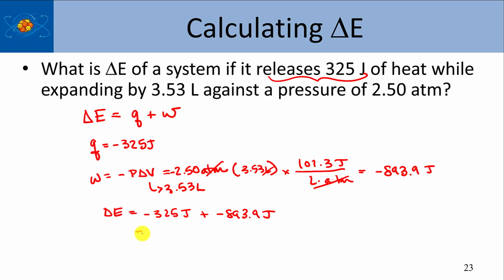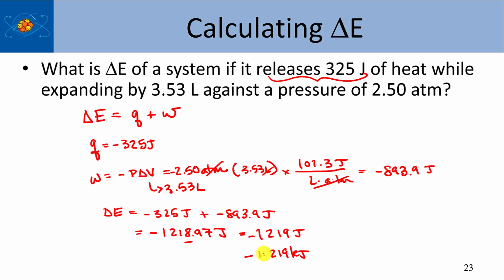That'll come out to be negative 1,218.97 joules, and I believe we have significant figures to the ones place, so that'll end up being 1,219 joules, or 1.219 kilojoules. Negative, sorry, I forgot the negative sign.